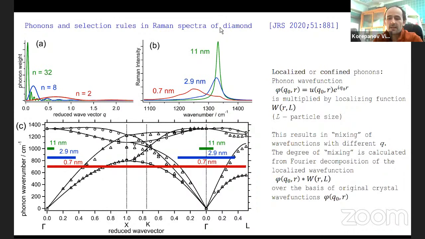We multiply the wave function of the phonon by this function, and we analyze this localized vibration. Then we decompose it into the basis of the original infinite wave functions and see how the original phonon with near zero phase shift is spread upon confinement.